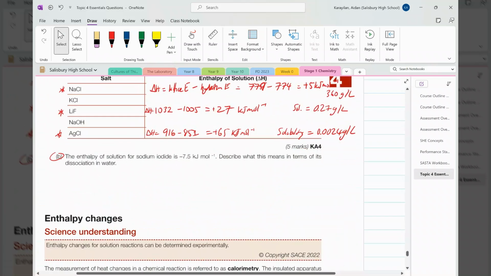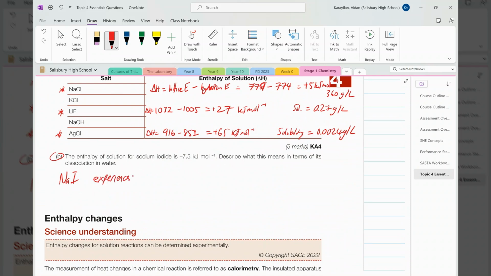Okay, so what that means is that sodium iodide experiences greater stabilization by hydration compared to being in a lattice.